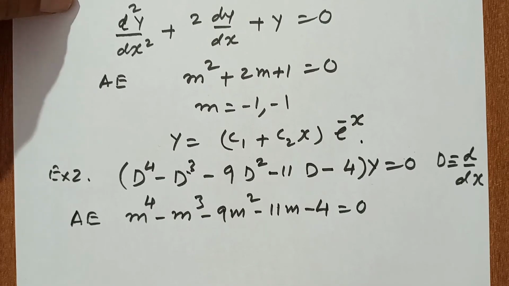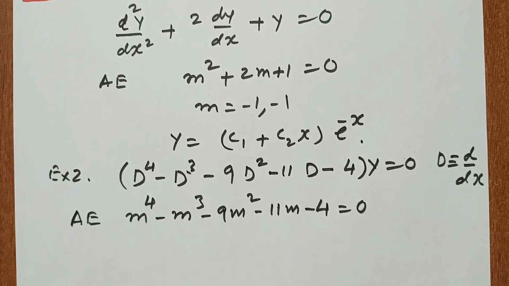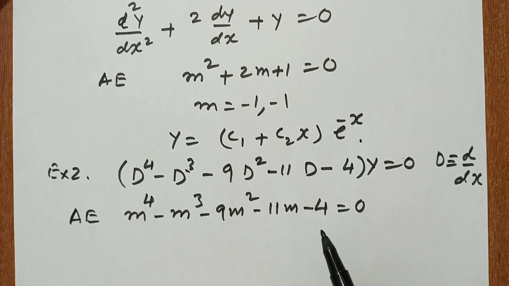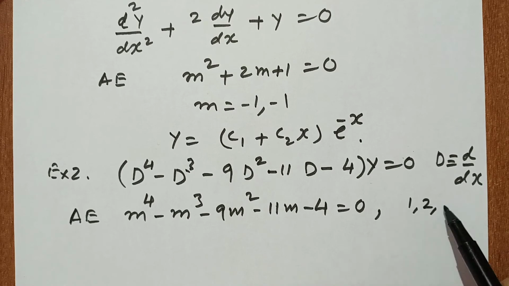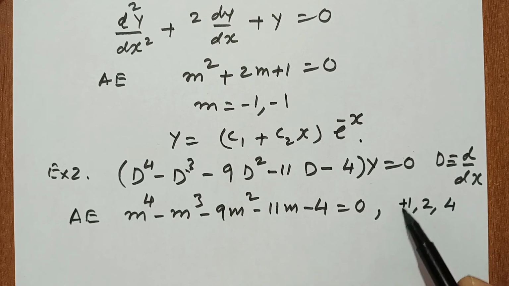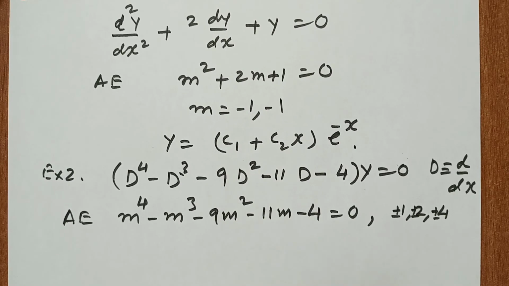How will you solve this? First you use the inspection method. The constant is 4, so what are the divisors of 4? They are 1, 2 and 4, so plus minus 1, plus minus 2, plus minus 4. This is the inspection method. First you put 1 and see whether the equation is satisfied or not. If you put m is equal to 1, it is not satisfying.